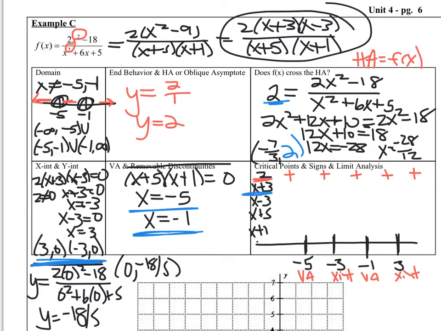So let's look at the next one. So I have x plus 3, that critical value is at negative 3. So everything to the left minus, everything to the right plus. X minus 3, that has a critical value at positive 3. Minus, minus, minus, minus, plus. X plus 5 has a critical value at negative 5. Negative to the left, positive to the right. And x plus 1, minus, minus, minus, plus, plus.